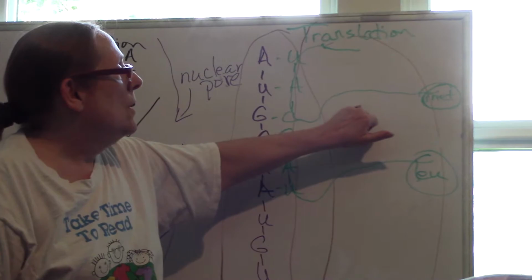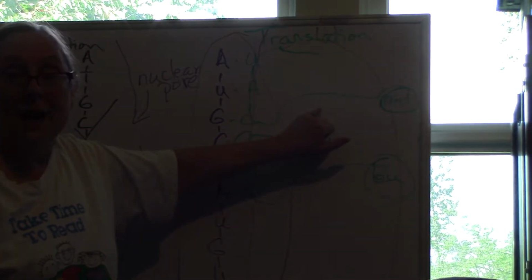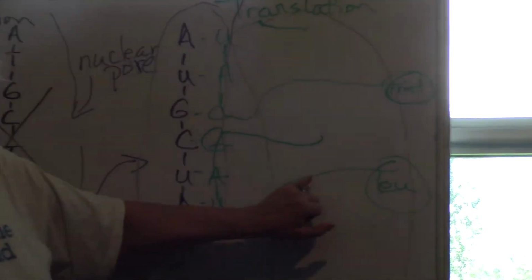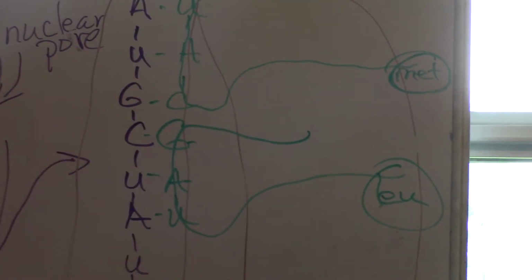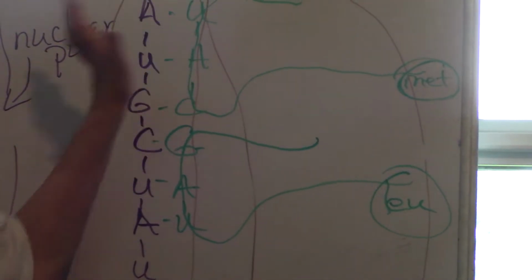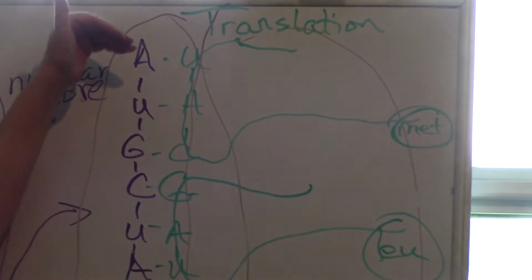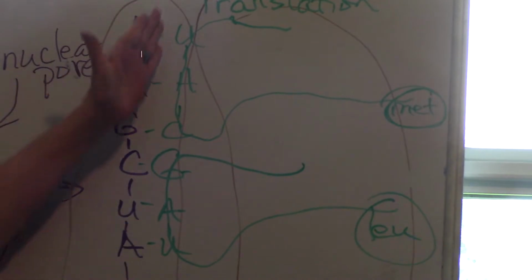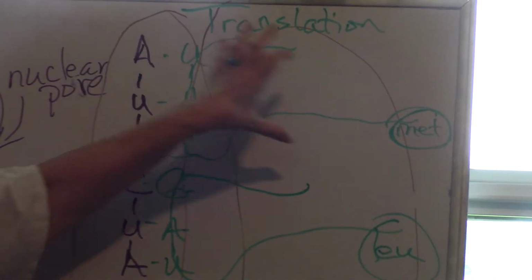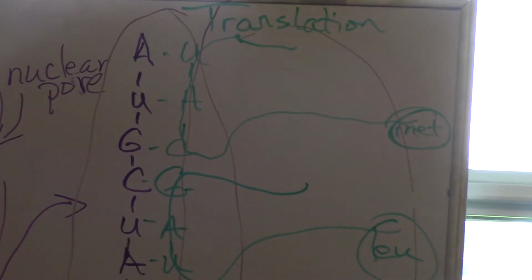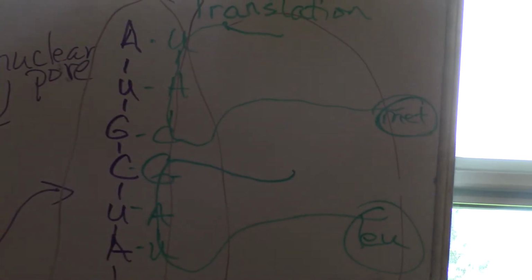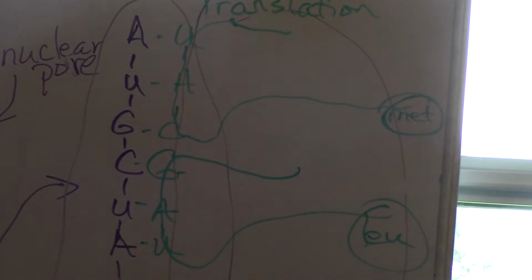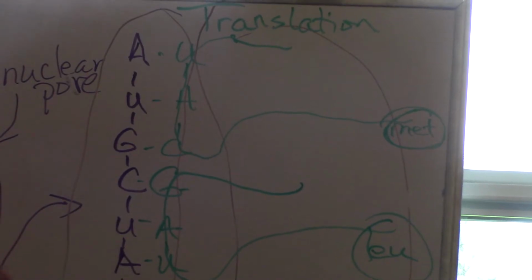So this is the methionine type of flour. This is the leucine type of flour. And you're putting them in 1 at a time. After initiation, where the messenger RNA, the first transfer RNA, and the 2 ribosomal subunits come together, what follows is elongation, the protein formation, basically putting this protein together.